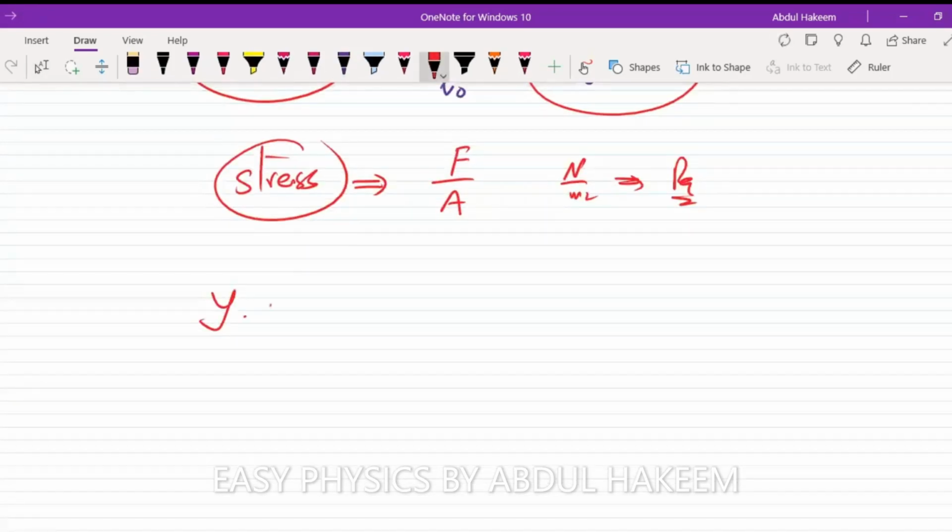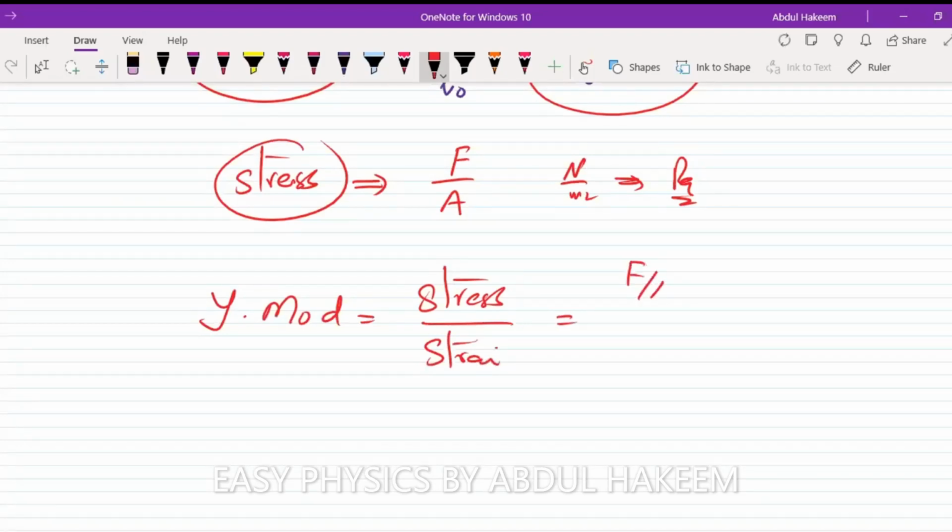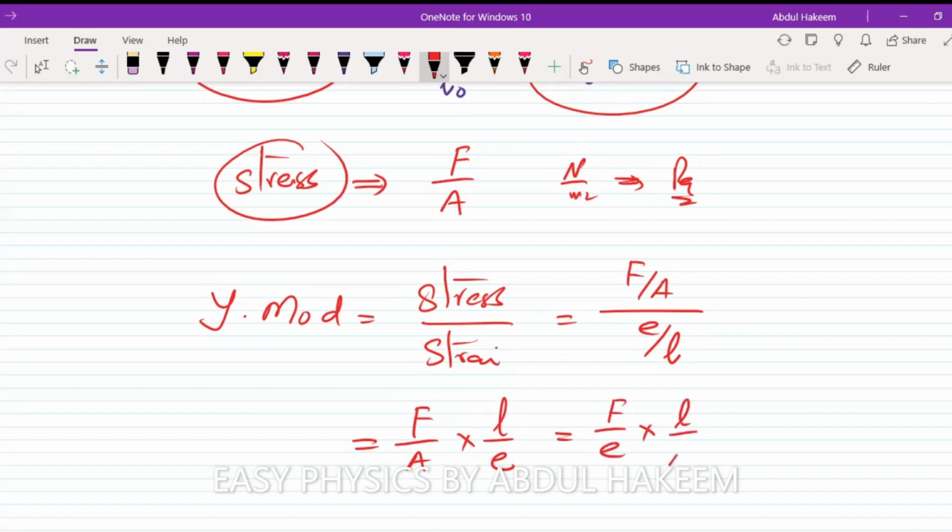So the Young modulus is stress divided by strain. The stress is F divided by A, strain is extension divided by length, which can be written as F divided by A, L over e. Or we can write F over e times L over A. It's obeying Hooke's law.